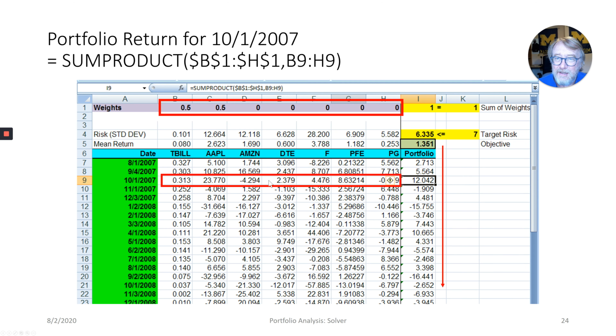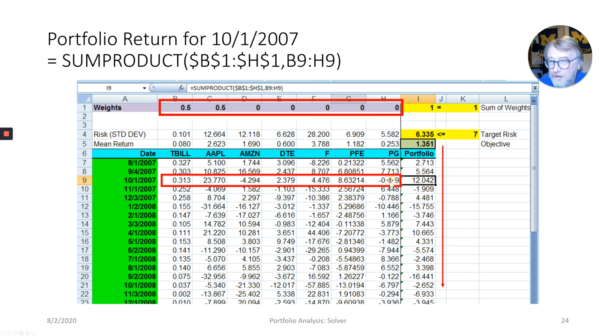Okay. Now here's where you get your month-by-month portfolio returns. We have the weights up at the top, and we use our SUMPRODUCT command, and we put the dollar signs around the weights, so it always refers to these with direct addressing. And then we don't put the dollar signs around the return for October of 2007.